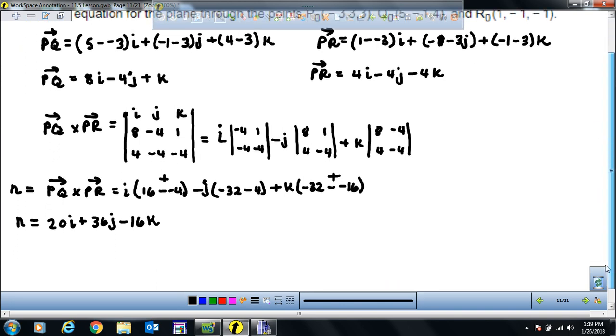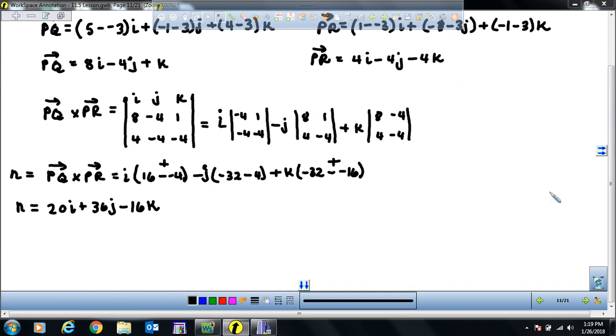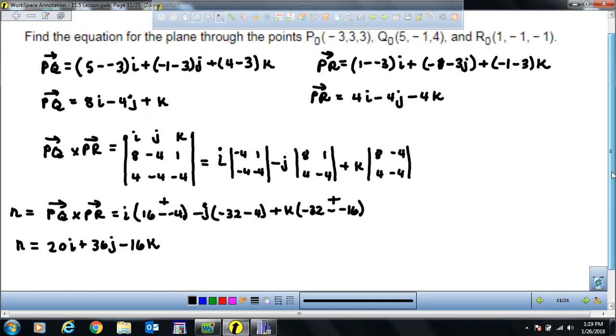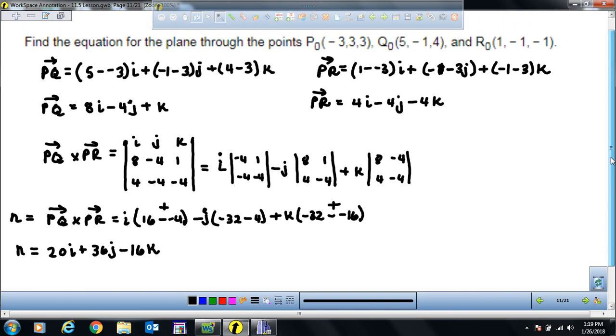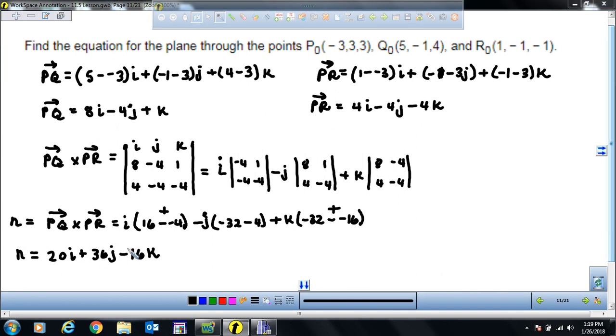Okay. Now, we want a plane that is perpendicular to this vector, because this is a normal vector, remember? A plane that is perpendicular to this vector, and it passes through one of these 3 points. So let's go ahead and use the P point as the point. It can be any of them.